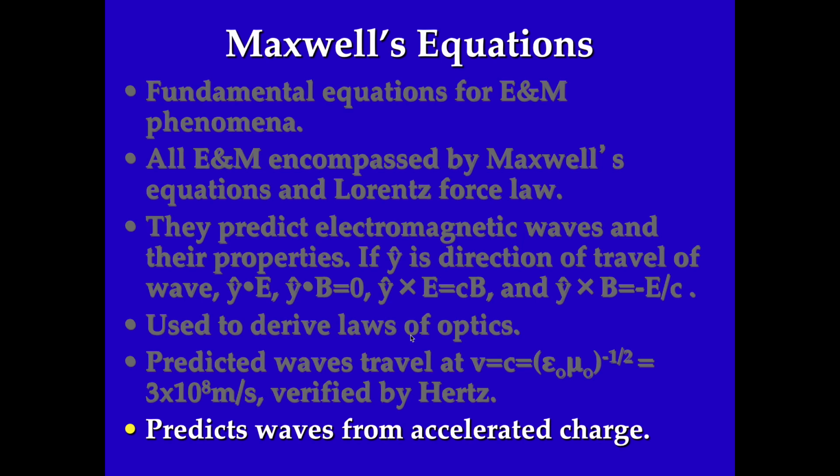And you'll find out that there's two ways to produce electromagnetic waves: either from transitions in atoms or molecules, or from accelerated charged particles. Those are the two sources of electromagnetic waves.